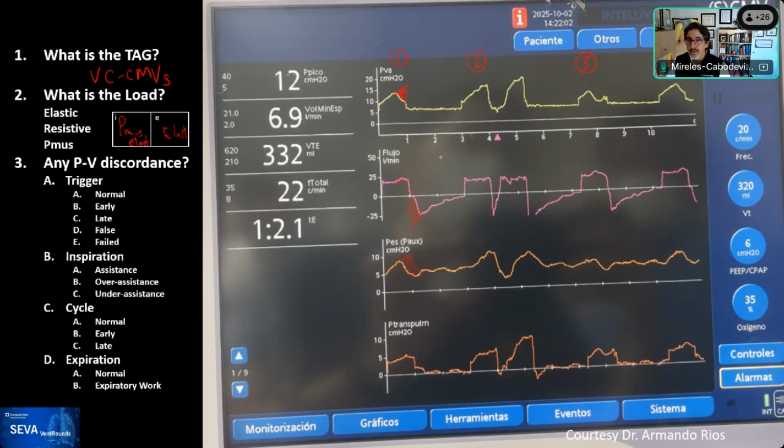Okay. So breath number 2, do you see PMOS during inspiration? Have no fear. You can do this. Breath number 2, do you see PMOS during inspiration?